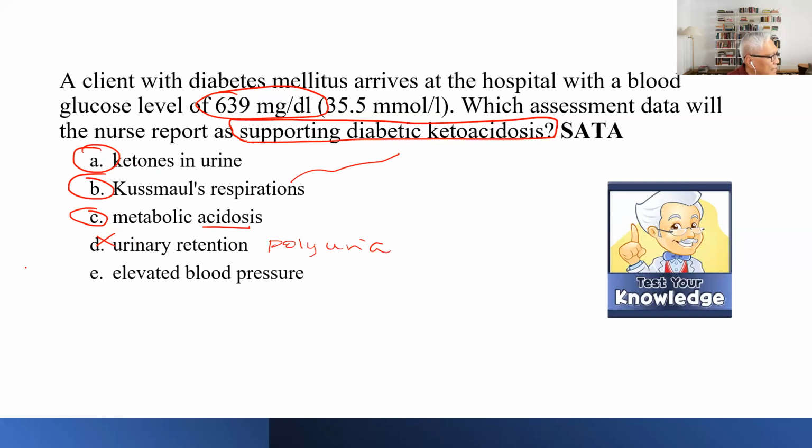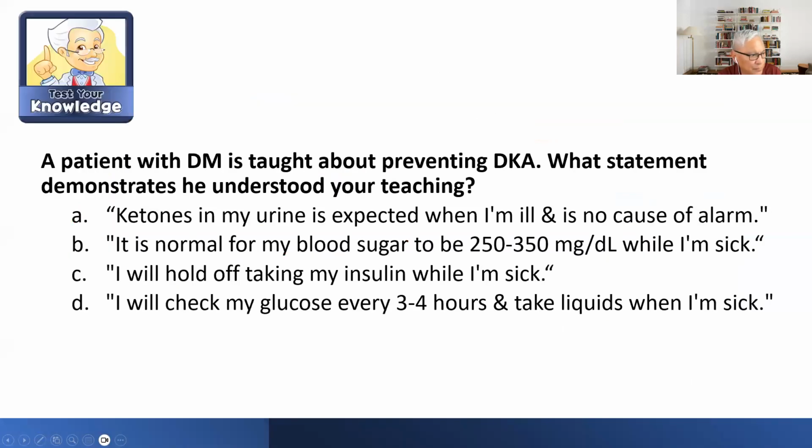And then elevated blood pressure is questionable, because polyuria should cause hypotension, so this would also be incorrect. It usually would be hypotension and circulatory collapse. Thank you so much, Lindsay, for reminding me. All right, let's go to the next one.